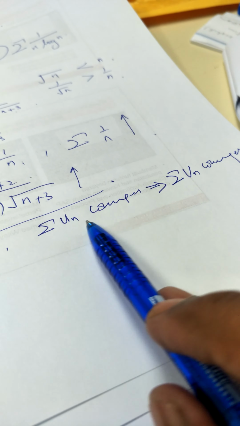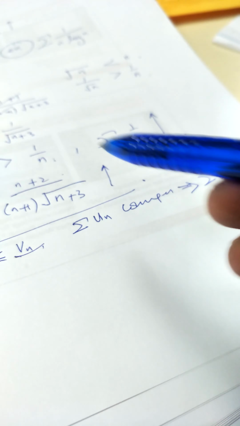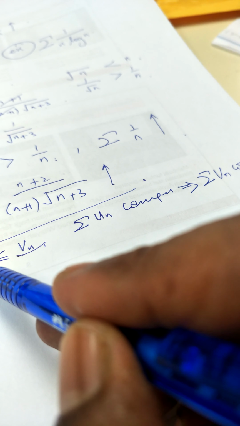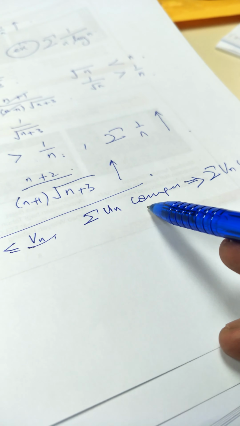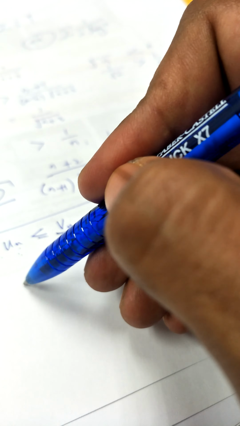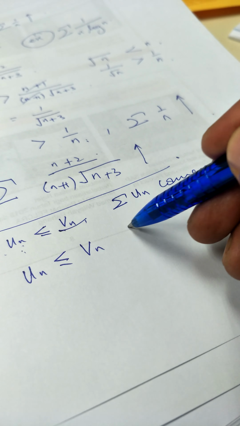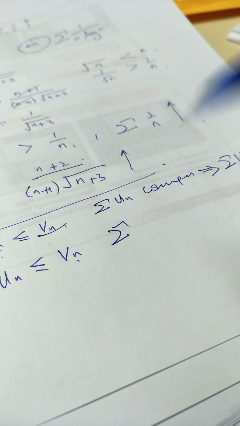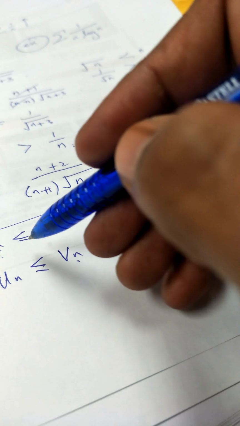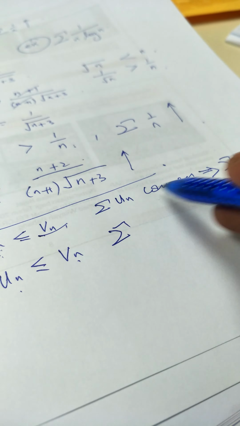In this case, un is the one that we want to determine, and vn is the one whose behavior we already know.